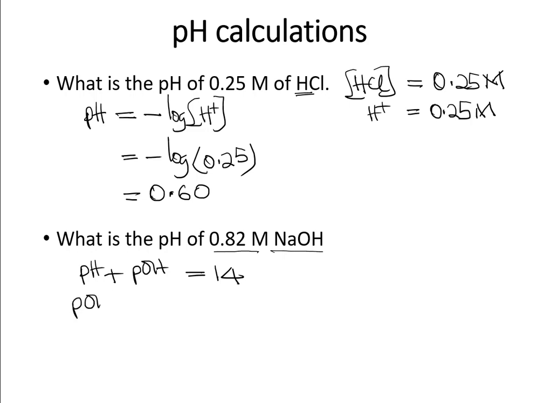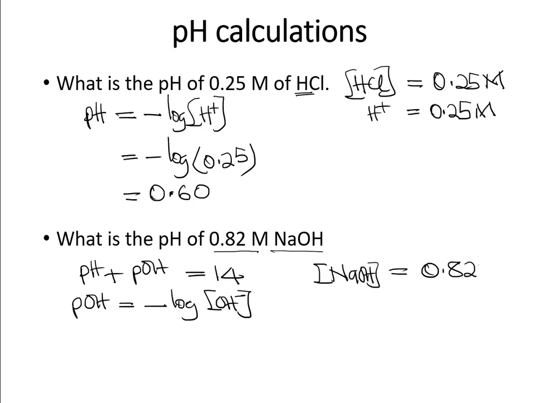Now, pOH is equal to negative log the concentration of OH. So here, we know that the concentration of sodium hydroxide is 0.082 molar. This is the same as the concentration of OH, again 0.082 molar. So this one will be equal to negative log 0.082.